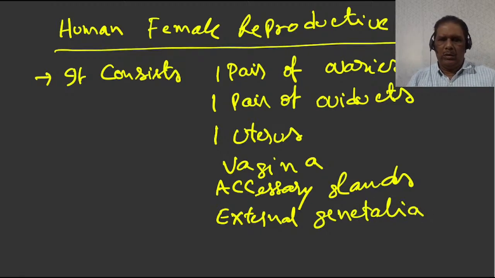So these are the main parts present in the human female reproductive system.